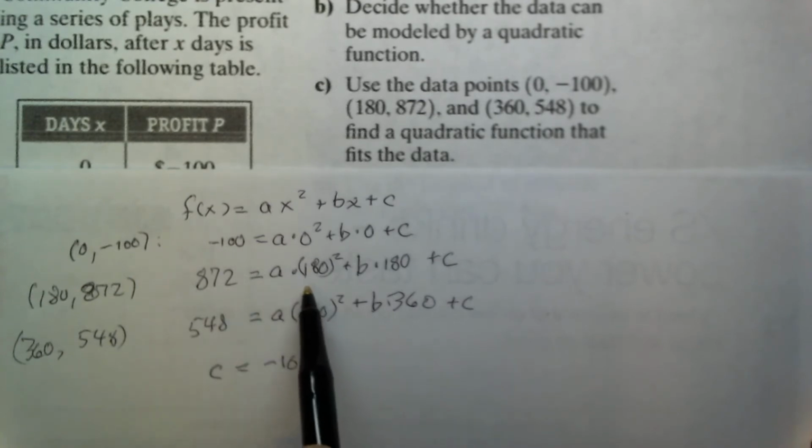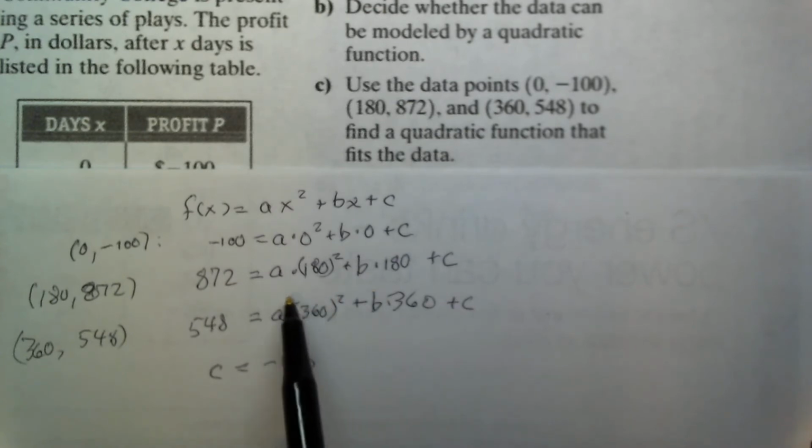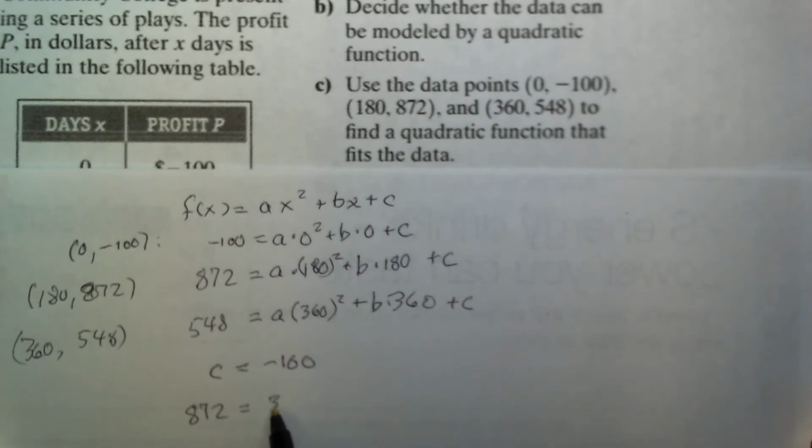Then the second equation, let's multiply out the squares and rearrange the coefficients and the variables. So then the second equation, we have 872 equals 32,400 A plus 180 B. And since C is equal to -100, we now write minus 100.